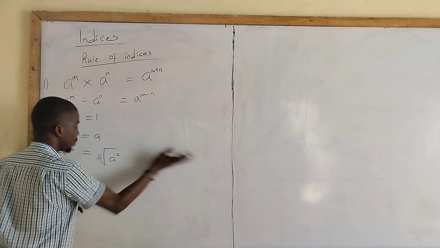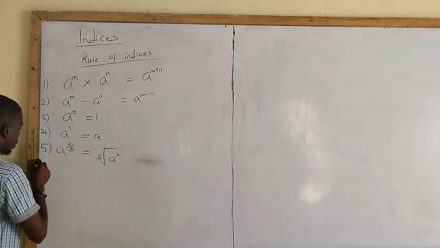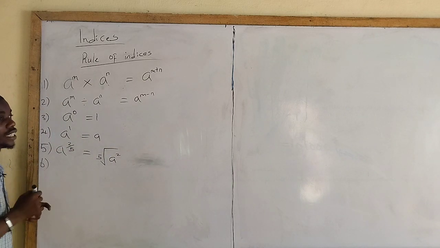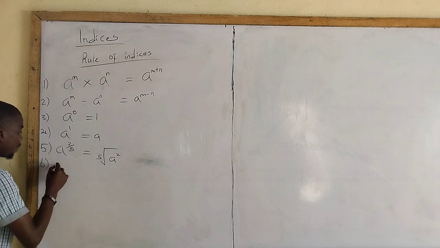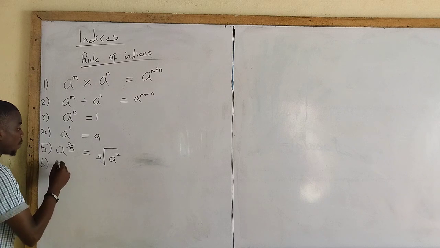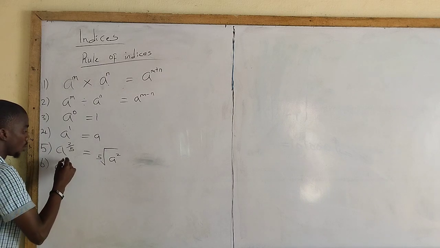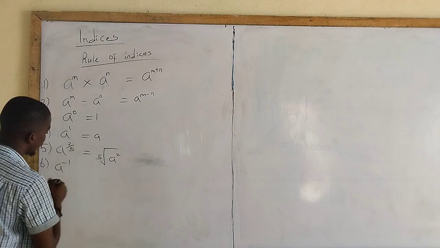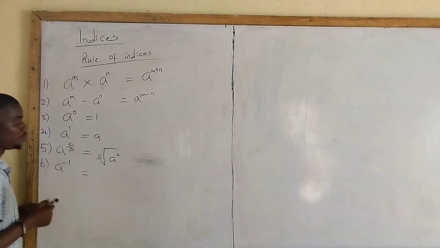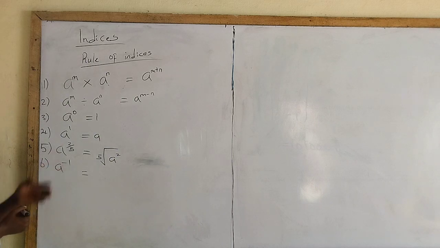All right, so we move to the next rule, the sixth rule. The sixth rule says that if you have a number raised to a negative power, like a raised to the power of minus 1, how do we proceed with this kind of problem?